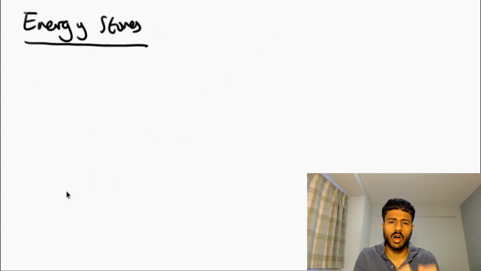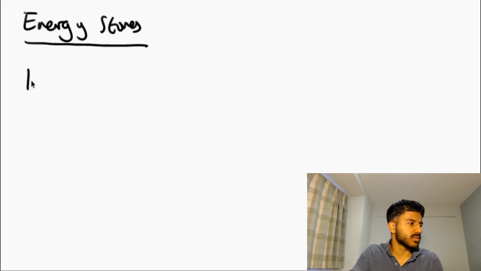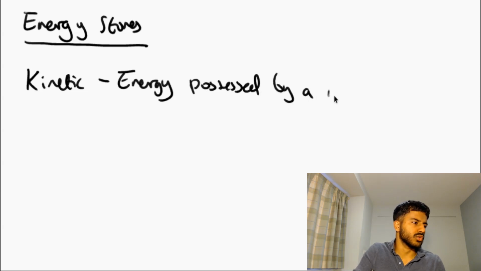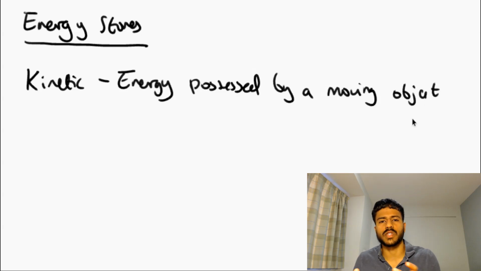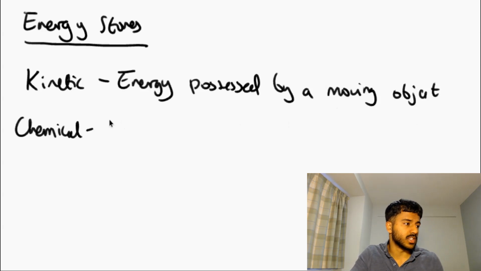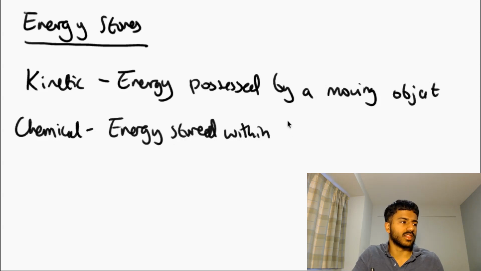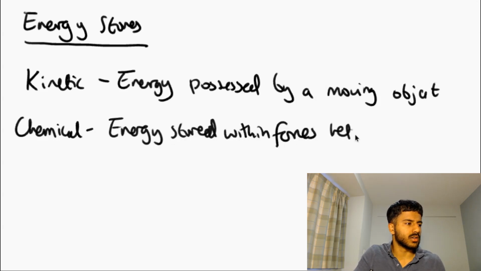So let's look at the different kinds of energy stores and what these energy stores mean. So we have something called kinetic energy, and this is the energy possessed by a moving object. So any object that is moving will have some form of kinetic energy. There is something called chemical energy, which is the energy stored within the forces between molecules.